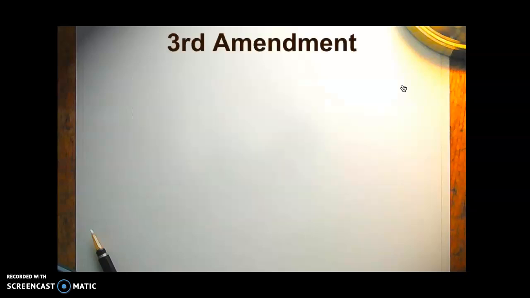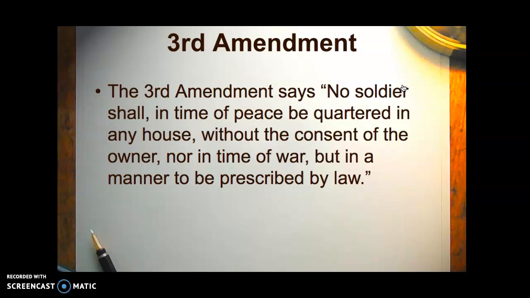The Third Amendment is: no soldier shall in time of peace be quartered in any house without the consent of the owner, nor in time of war, but in a manner to be prescribed by law. Now, this amendment is actually handwritten on the second page of your note page.